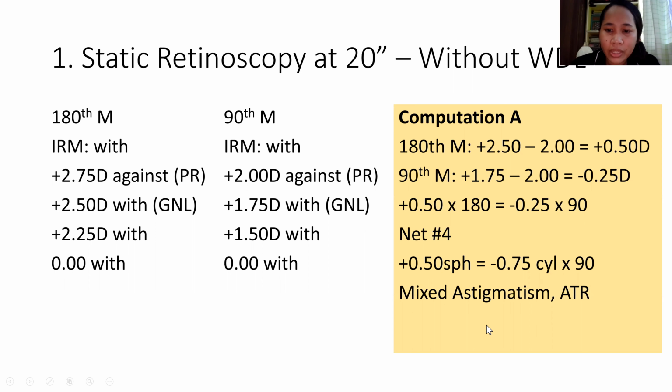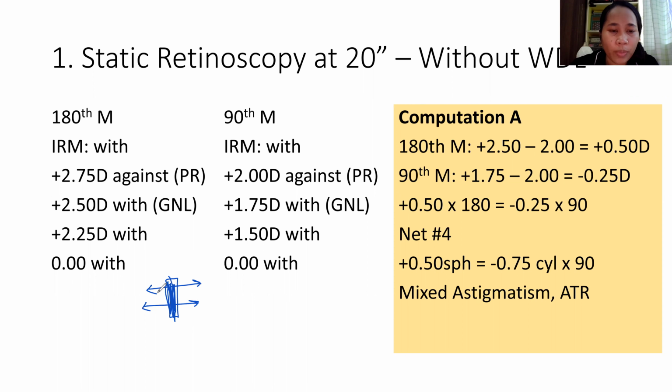So again, let me just draw for a while. Okay. So when we say 180th meridian, your streak is positioned in a vertical position, and then you are moving left to right.